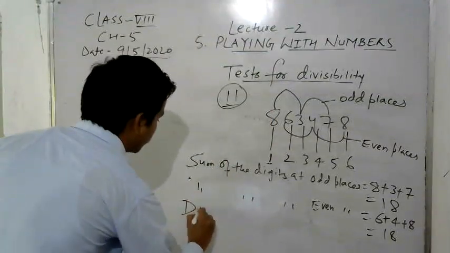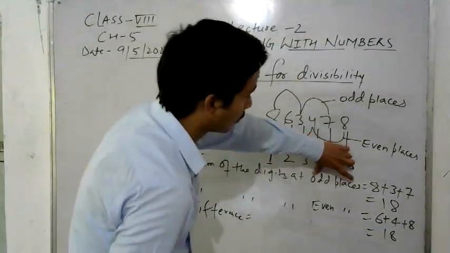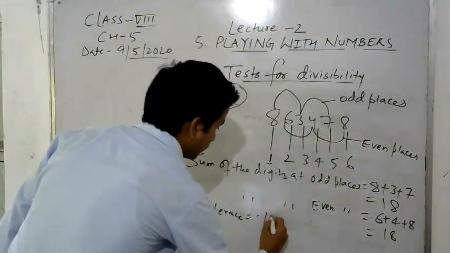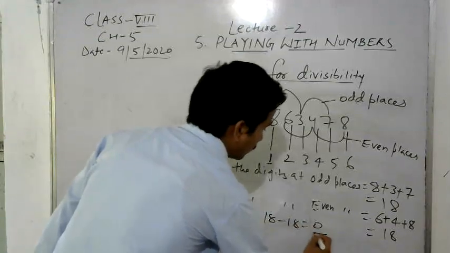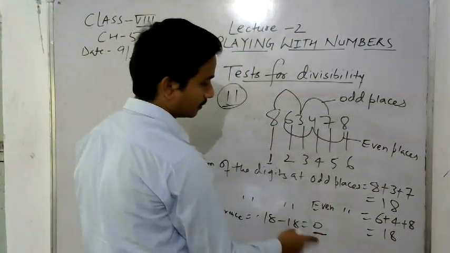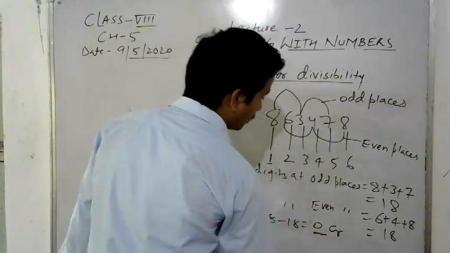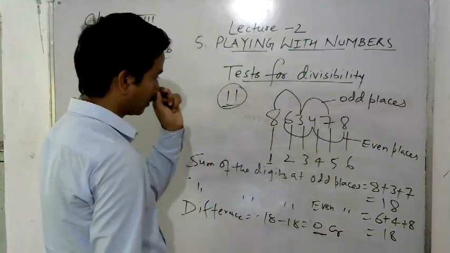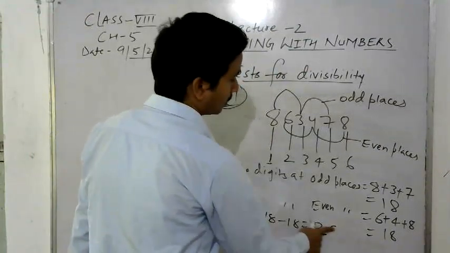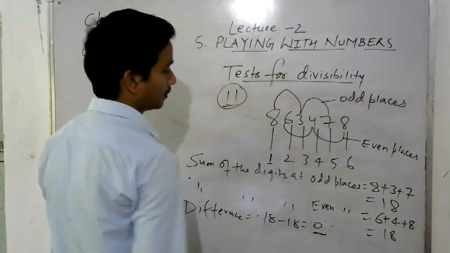Now we have to find the difference of the sum of the digits at odd places and even places. 18 minus 18 is 0. If the difference of the sum of the digits at odd places and even places is either 0 or a multiple of 11, then we can say that the entire number is divisible by 11.